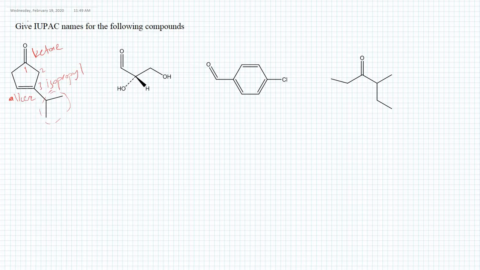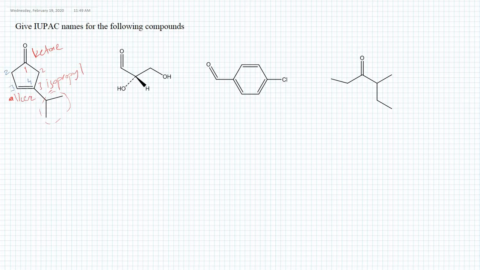But when you go from this side, let's use another color, blue. So this will be 2, this will be 3. The alkene position will be the same, but the isopropyl will be at the 4th position. So the choice will be going to the right side for the numbering.